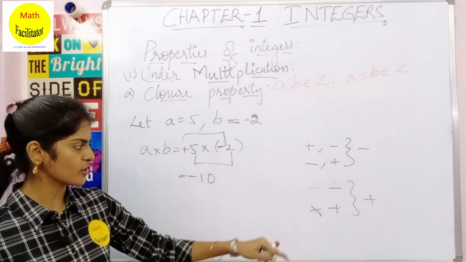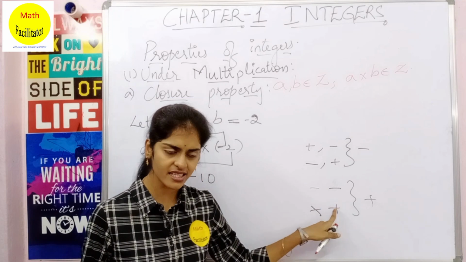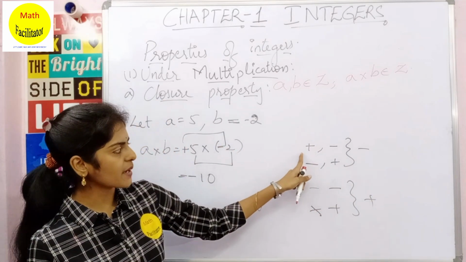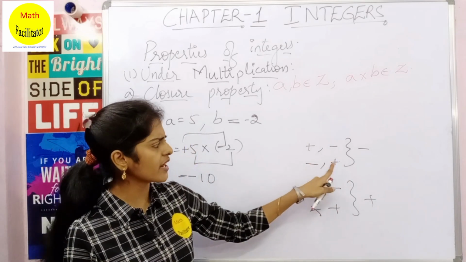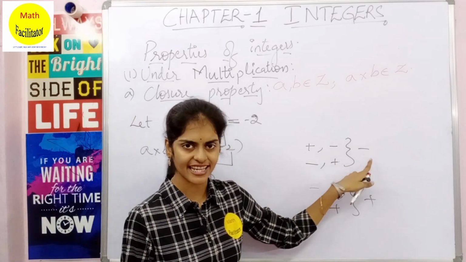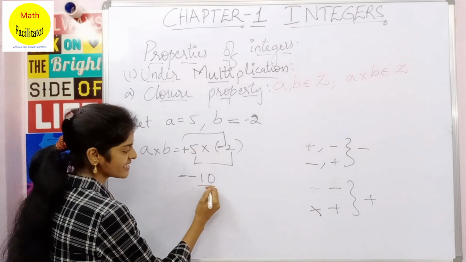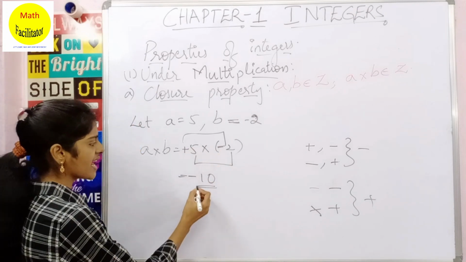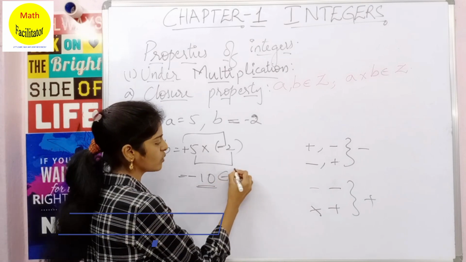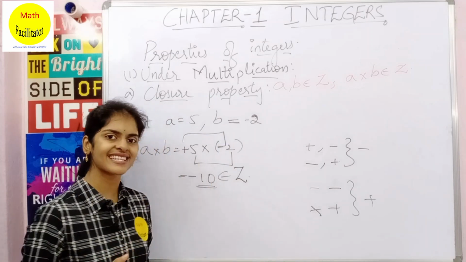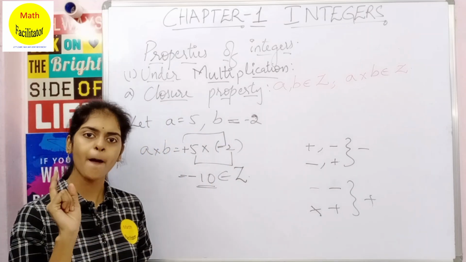So if you are multiplying two negative integers or two positive integers, the answer will be positive, and if you are multiplying a positive and a negative, or a negative and a positive, the answer will be negative. Here you are multiplying one positive and one negative, so the answer is negative. But you can see that minus 10 belongs to integers. So the property is satisfied, and we can say that integers are closed under multiplication.